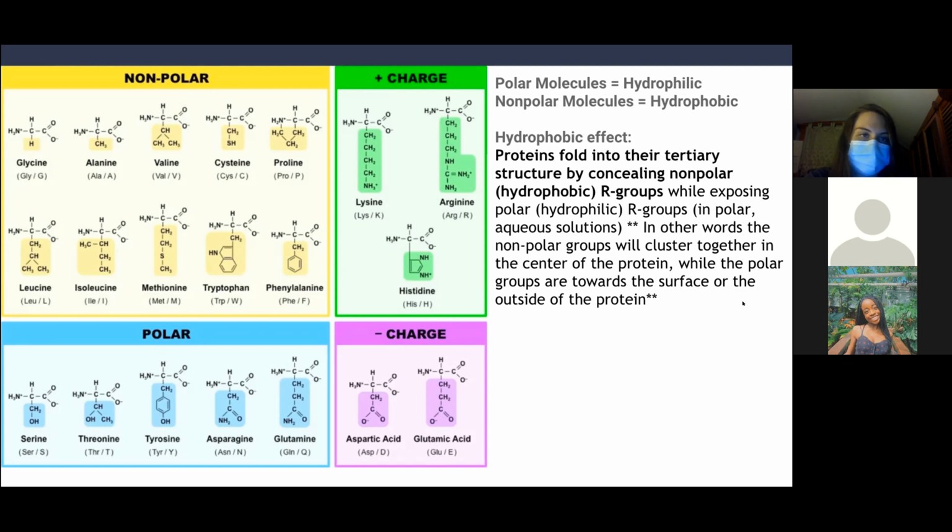So that's why nonpolar molecules are called hydrophobic: they don't associate with water. And hydrophilic means water loving, so polar molecules will interact with water or aqueous environments.